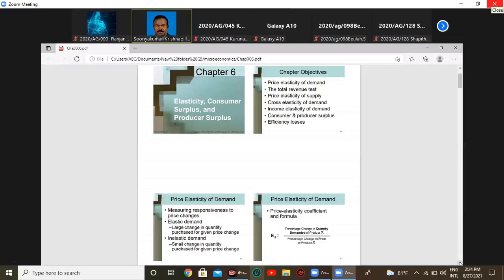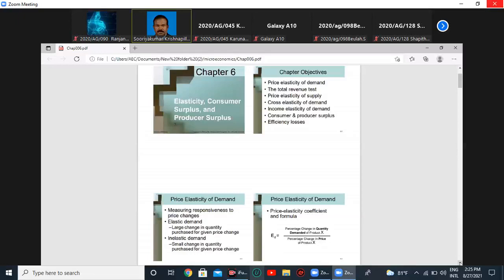But the opposite: when the price increases from 4 to 5, a price increase of 25, the quantity decreases from 20 to 10. The change is 10, the initial quantity is 20, so 50 percent. For a price increase of 25 percent and a quantity change of 50 percent, 50 divided by 25 is 2.5.